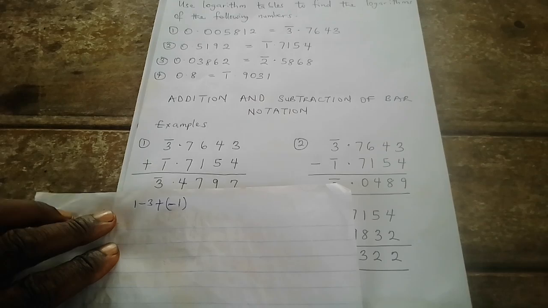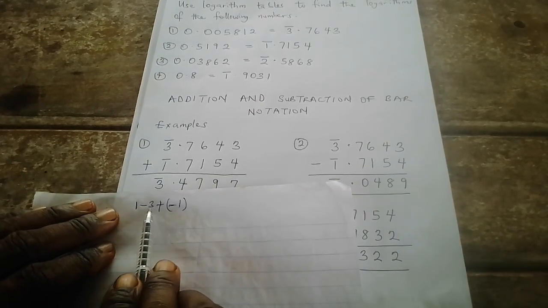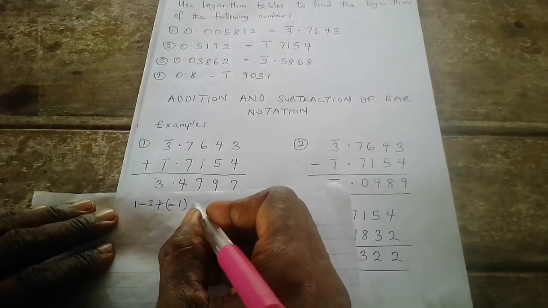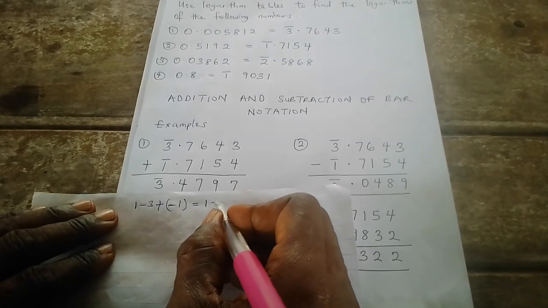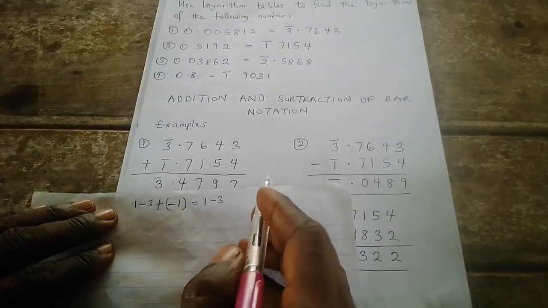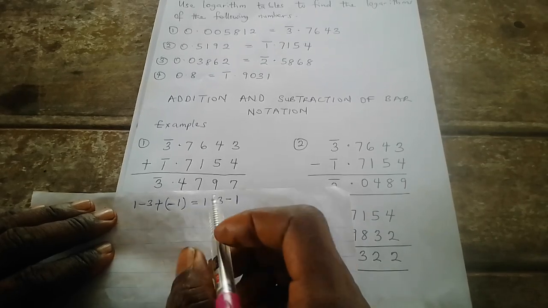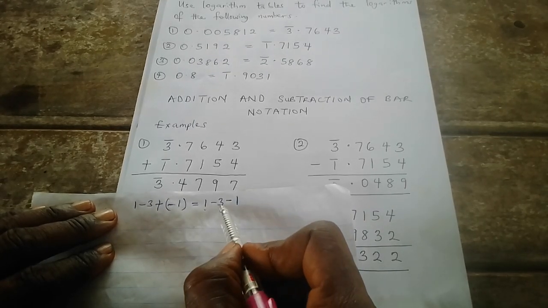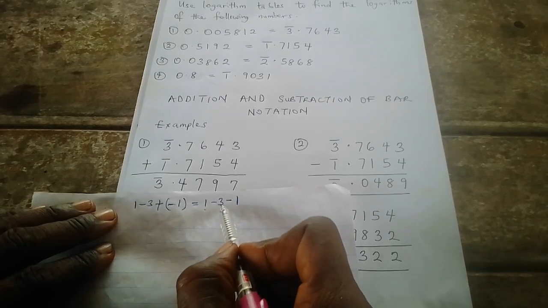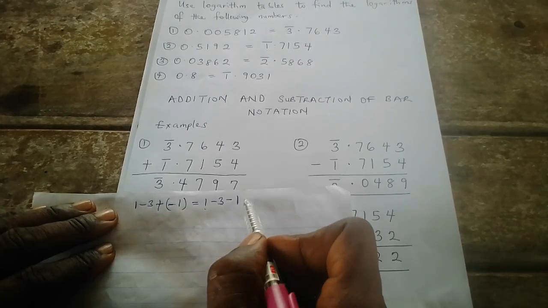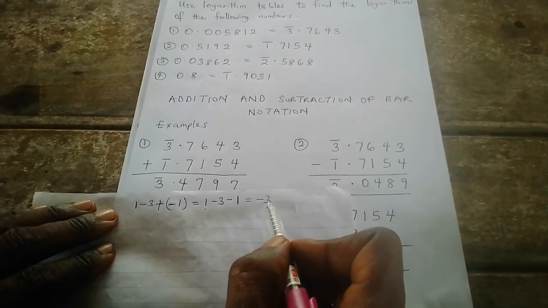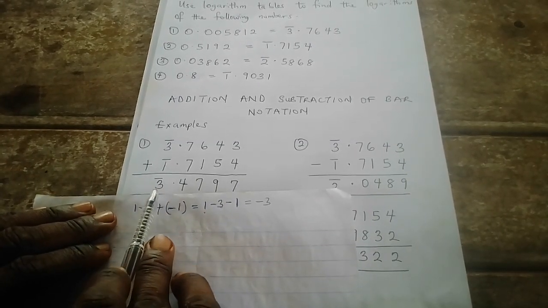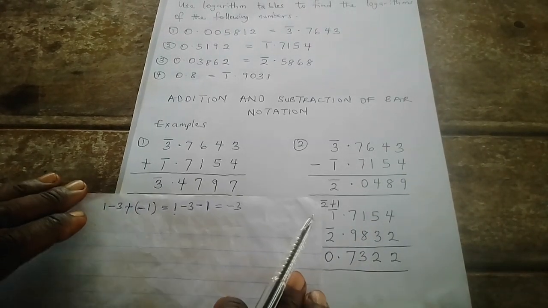Hope I am clear. So we have 1 minus 3 plus minus 1. When two signs are beside each other like that, you solve them. Plus times minus is minus. So 1 minus 3 is minus 2. Minus 2 minus 1 gives us minus 3. So that is why this one is taken to be bar 3. Now let's do another example.